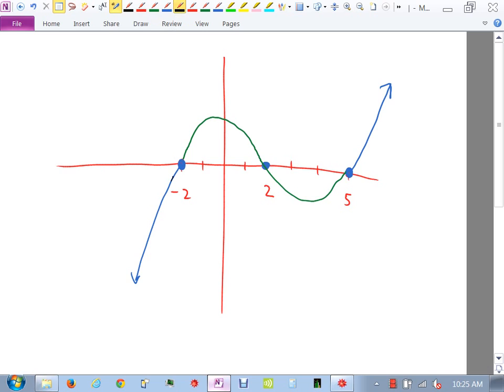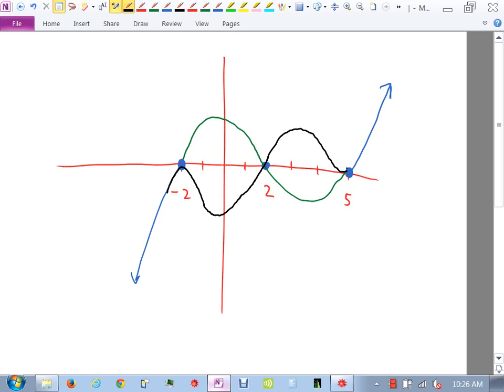It may come up on the bottom here on that negative 2, and it may actually just touch it and bounce off. Remember how our parabola, sometimes you could get the vertex to just touch the x-axis? It could just bounce off there, and then maybe it'll come up and cross through here, and then maybe it bounces off there again. There's several other variations that it could do, right?